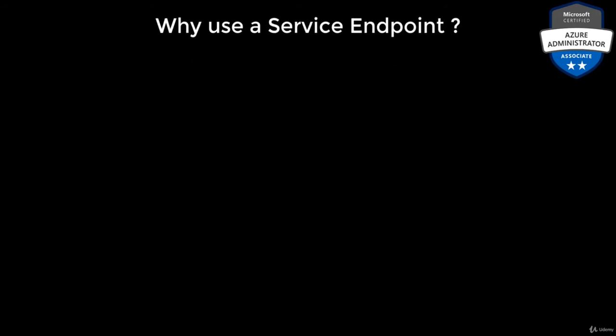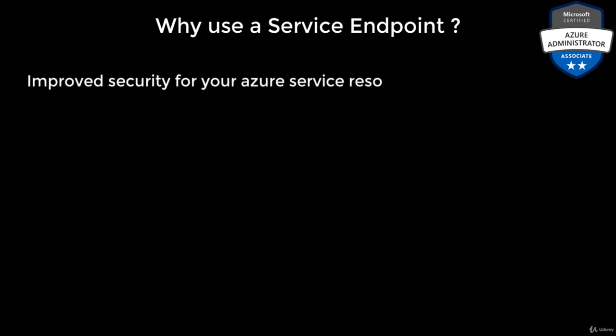So we now know that service endpoints are used to connect your virtual machines to platform as a service based services in Azure. Let's understand why service endpoints must be utilized in corporate enterprise environments. The first point is improved security for your Azure service resources. A VNet's private address space can be overlapping, and so it cannot be used to uniquely identify traffic originating from your VNet.